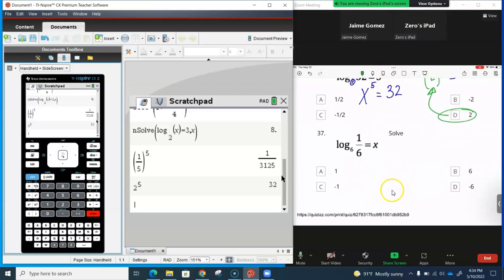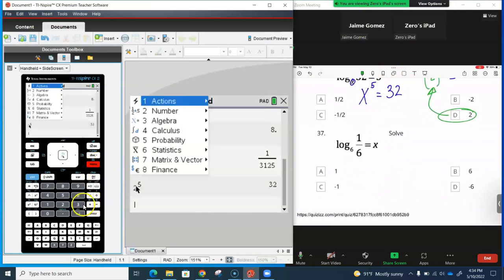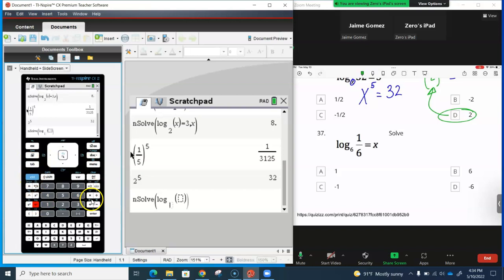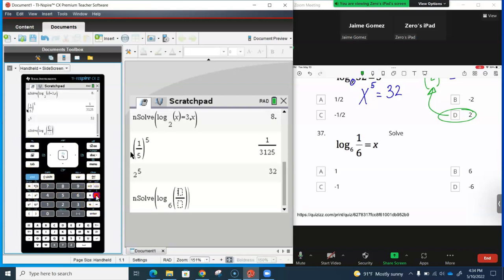37, I can put that in the calculator. Menu 3, 1. Control divide, log of 6. And the parentheses goes 1 divided by 6. You can type it like that, or you can do it all fancy and do your control divide if you want. It's up to you. And then get out of there and put equals x, comma x.